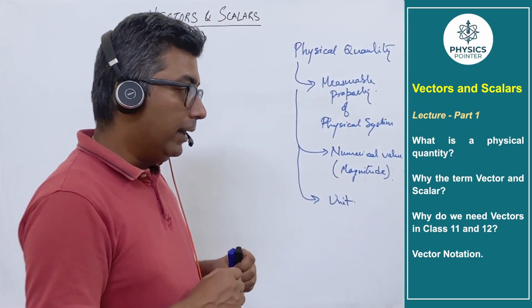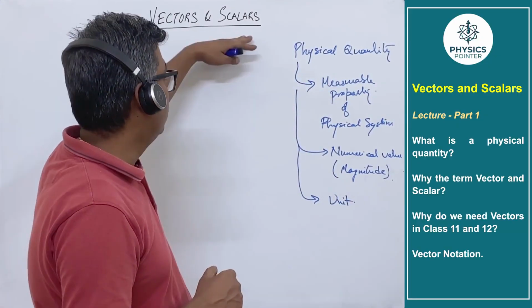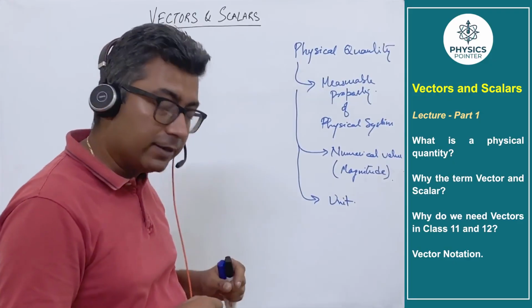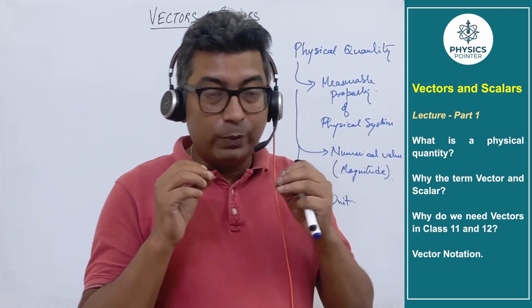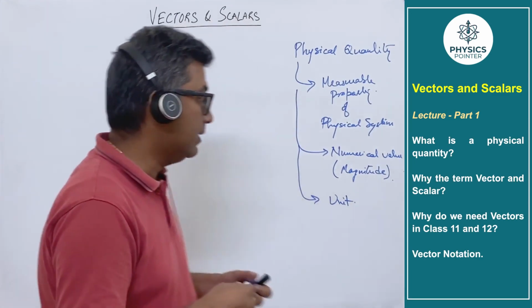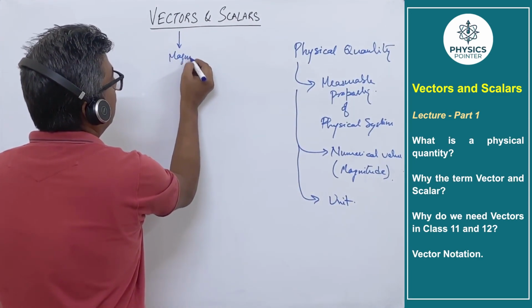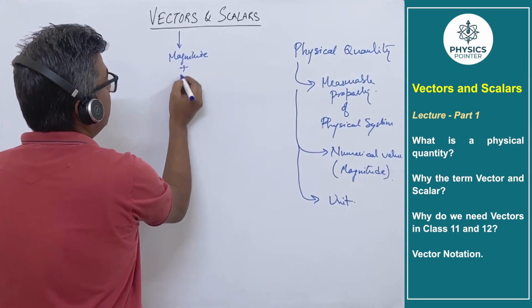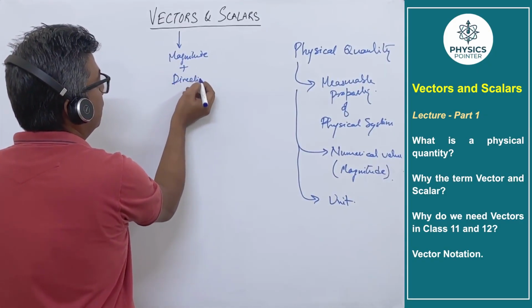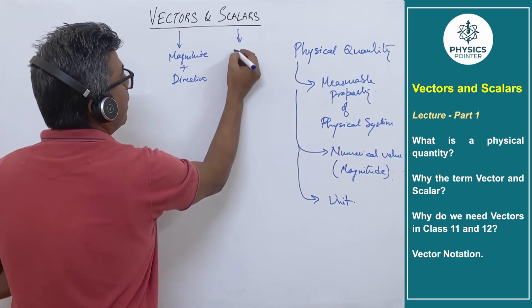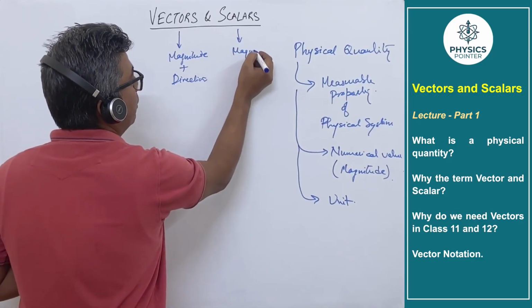And why we need to define it in terms of vectors and scalars. So vector is something which has magnitude plus direction, and scalar is something which only has magnitude.